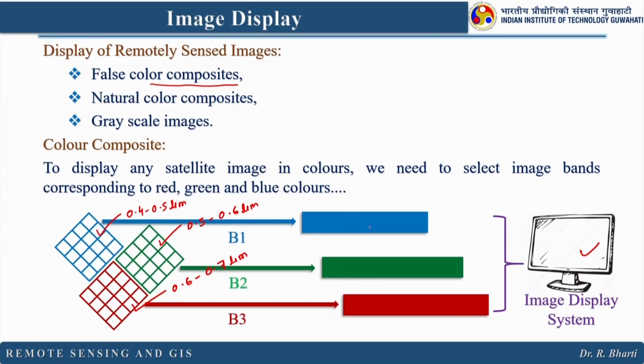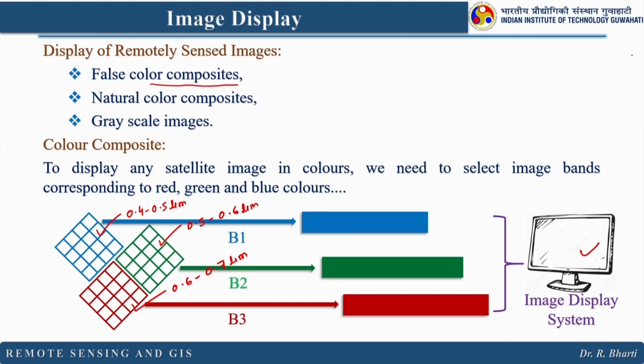Here what we do is assign the blue band of the image to the blue color of the monitor, or to green, or to red. You have this flexibility. You select which band you want to represent in blue, green or red color.